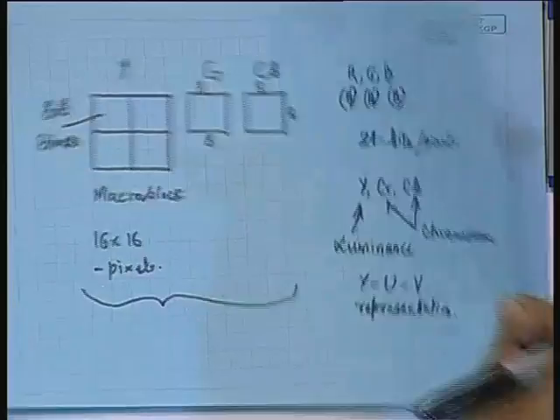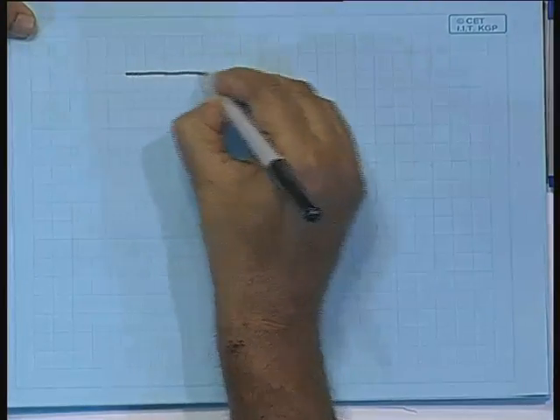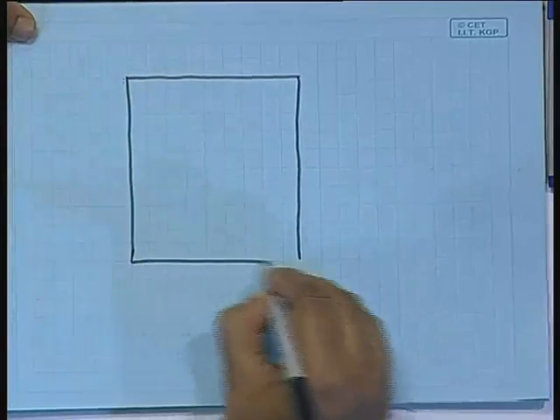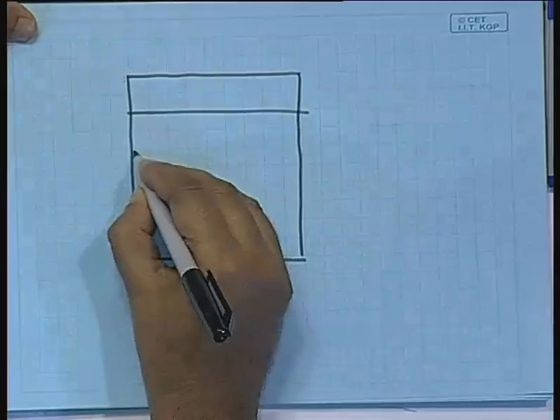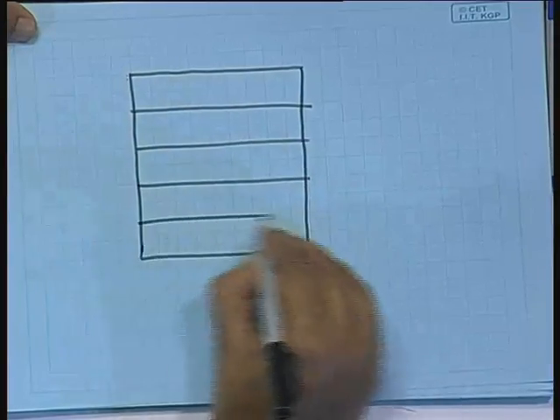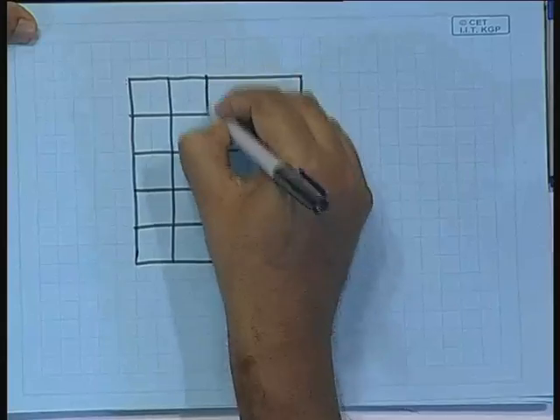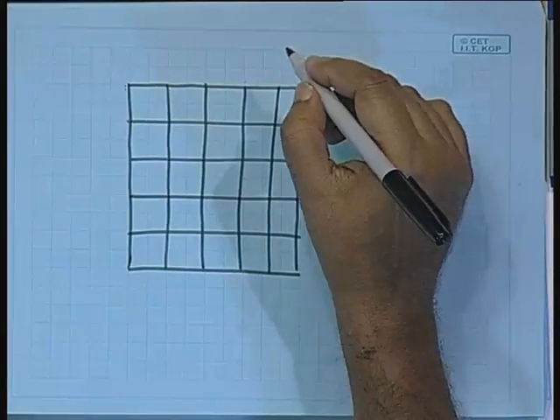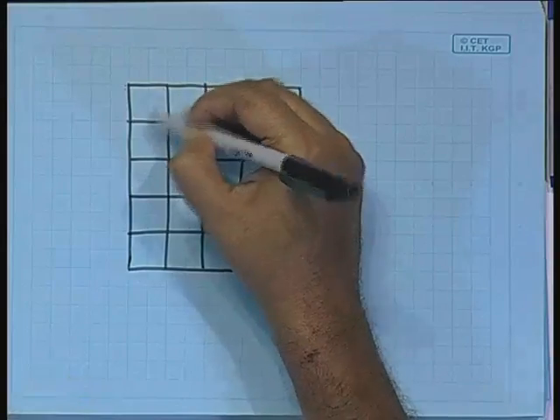So, this quantization parameter can vary from macro block to macro block, because each is a 16 by 16 area. Let us say that this is an image we have. This image is partitioned into a group of such macro blocks. These are all the macro blocks to which this frame is subdivided, and within each macro block we will have the blocks in the Y, CR and CB planes.